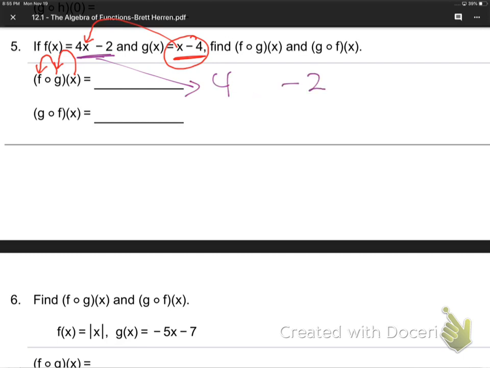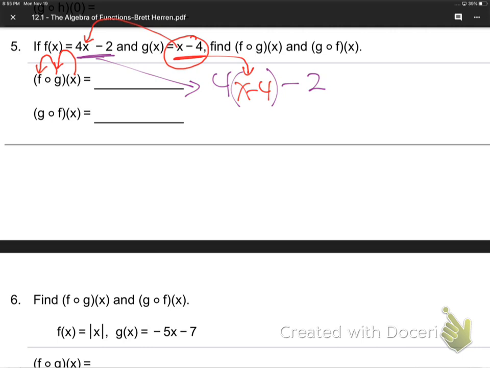And right in this slot, I'm going to plug in G, X minus 4. Does everybody see that? I plugged G into F. The X is the slot you plug into, huh? We good?